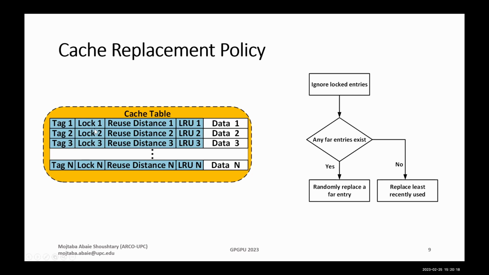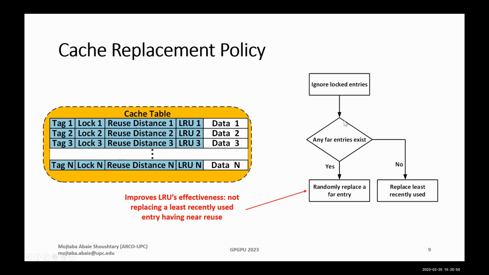The lock bit is to just lock the entries that are for the instruction that is waiting in the collector unit for the values to be received from the main register file. We need those values to be received when we want to dispatch the instruction, so we are not allowed to replace those entries. The lock bit will make sure that this entry will stay in the cache.